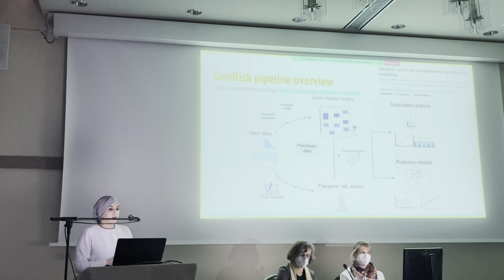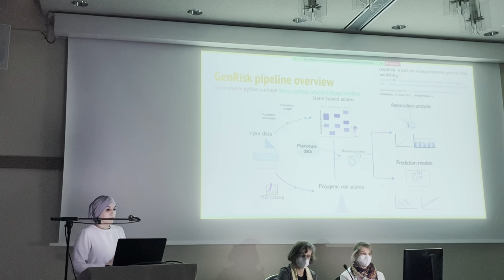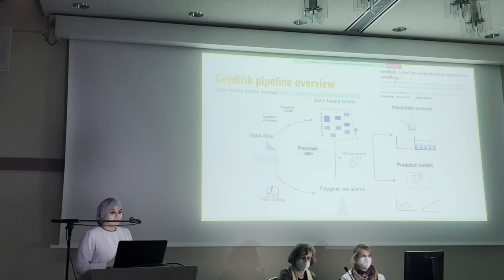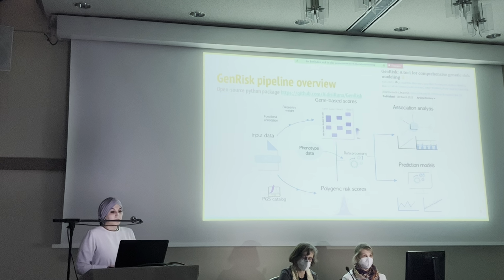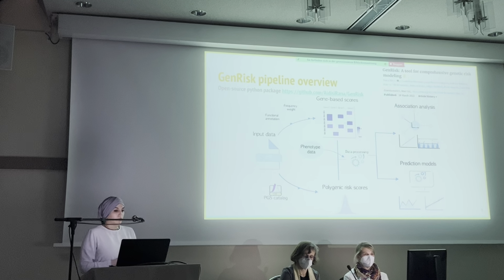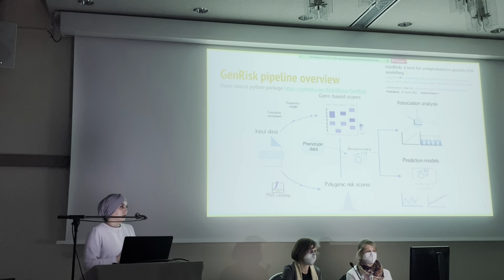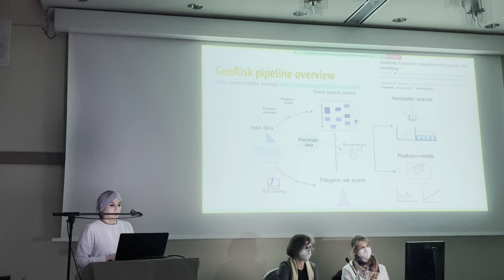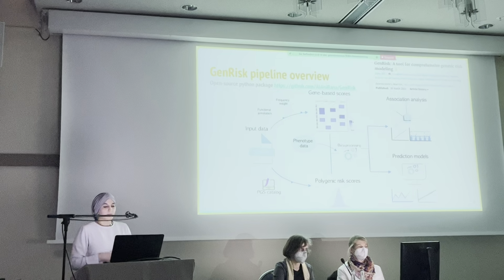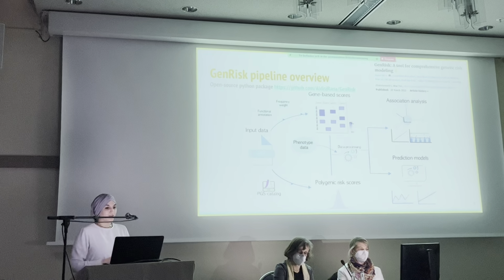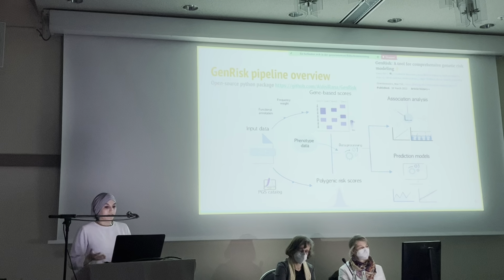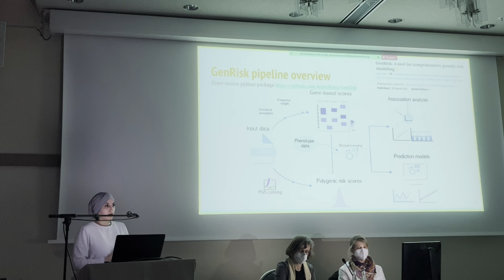But the main idea, or the main framework, is that we have a VCF as an input data file. This VCF can be used to create polygenic risk scores, using the PGS Catalog API to download the PGS files, and then it calculates them for the cohort.